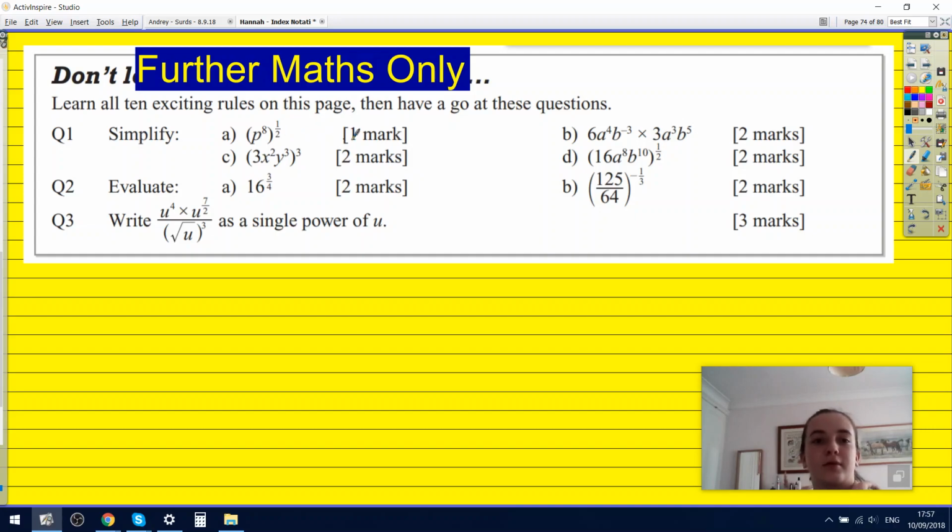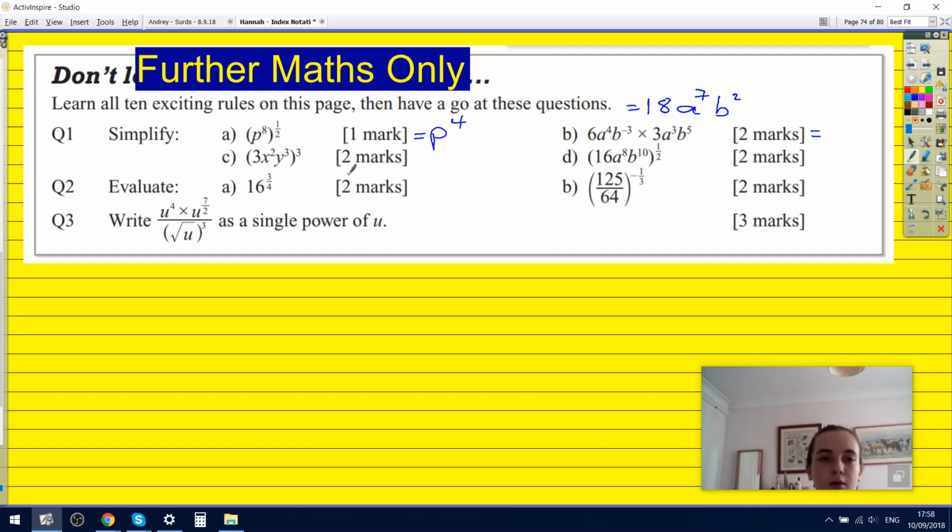Okay, what is A? P to the 4. Yeah. B? 18a to the 7, and then b to the 2.